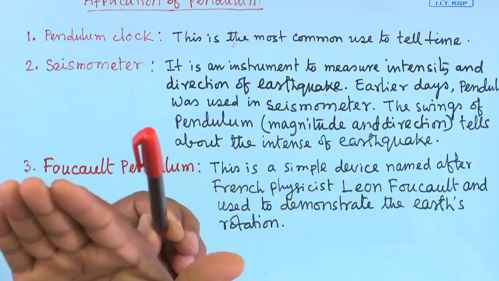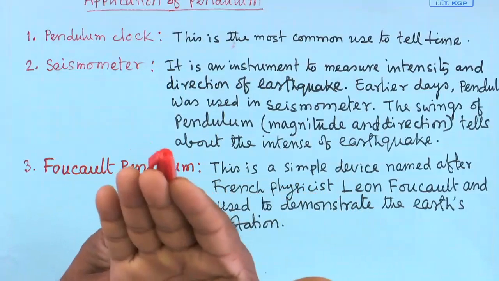If you come after some time, say after 12 hours, you will see this pendulum oscillating this way. If you come after more than 12 hours, you will see it oscillating in another plane. After 24 hours, you will see it again oscillating in this plane. So, the plane of oscillation changes with time.